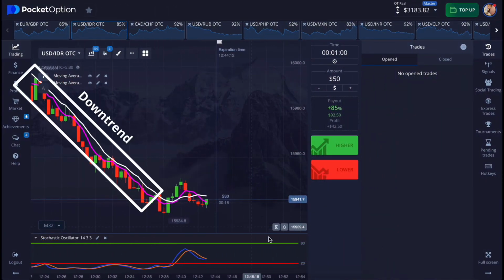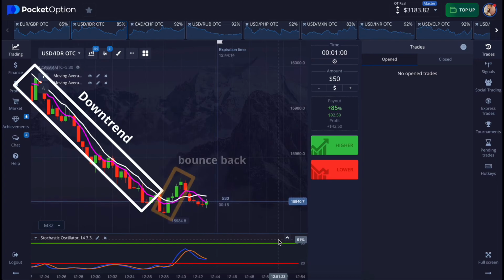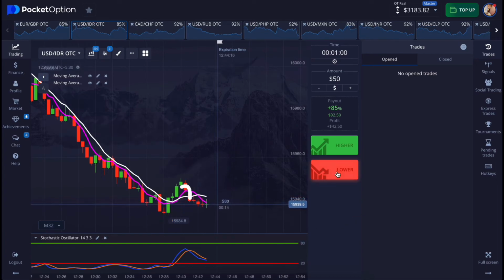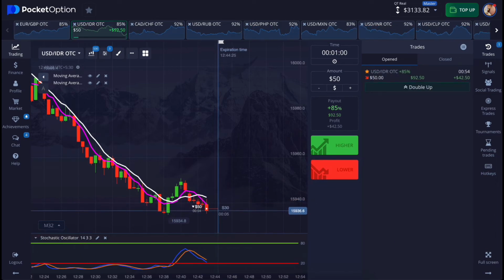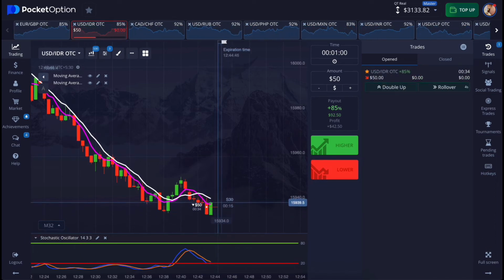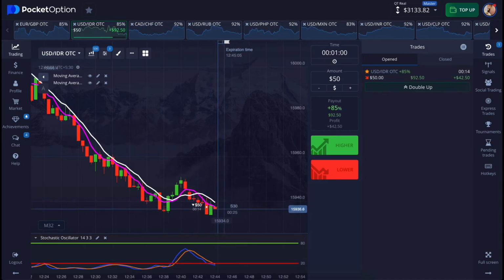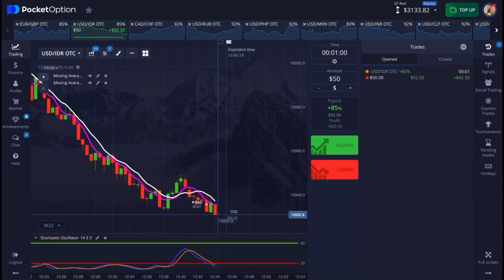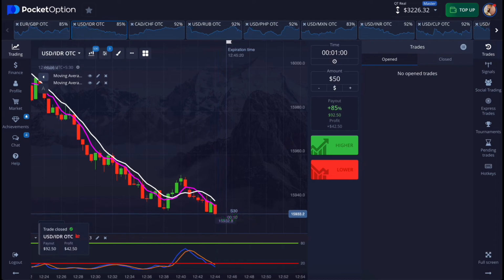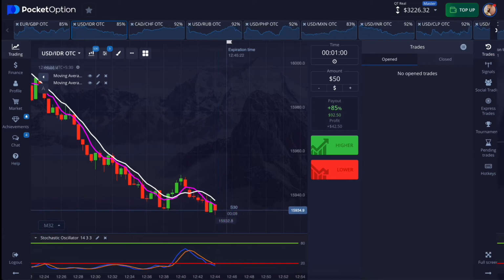So here the market is in a downtrend, and here the market has bounced back a bit, and now it is again going in the downward direction. And here this trade has also won.